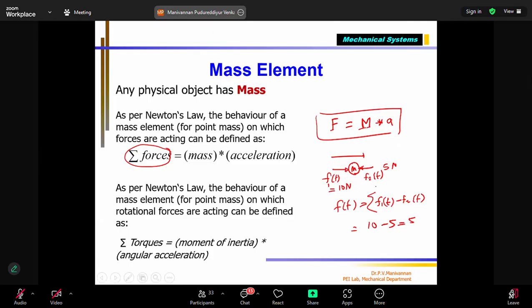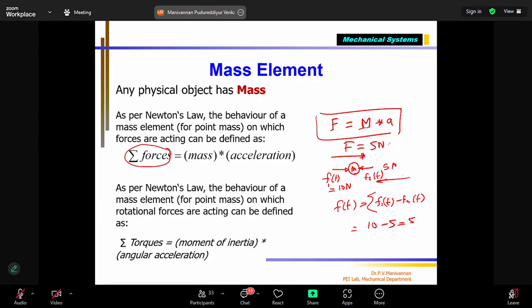That means the resultant force, I can say, F equal to 5 Newton only, because one force is pushing this side and the other person pushes from the other side. The net force, if we add both, one is plus and the other minus, plus 10 minus 5, gives plus 5. That is the resultant force acting on it.